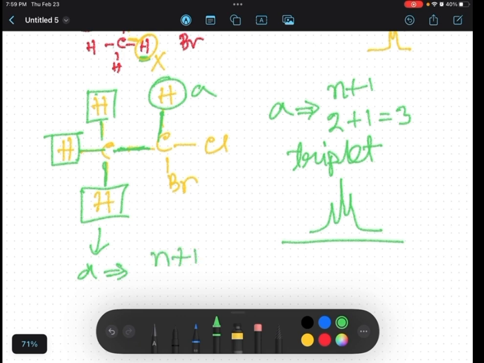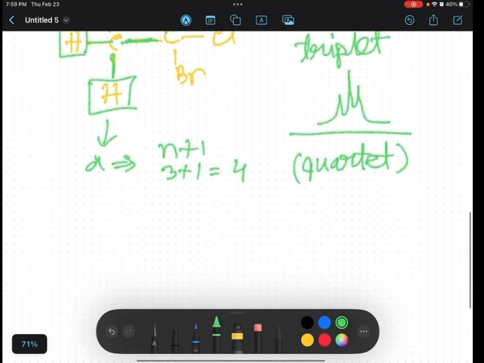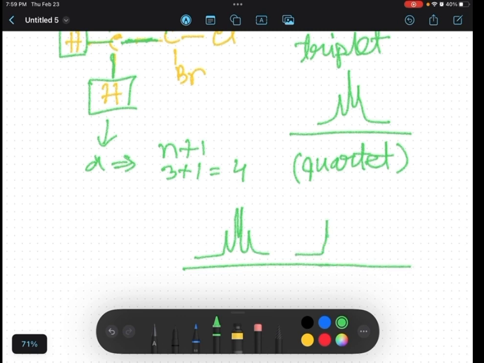So with the n plus 1 rule, 3 plus 1 is 4. So 4 is called a quartet. A quartet will show up as a signal like this, or maybe I can draw it again. So this is a quartet.